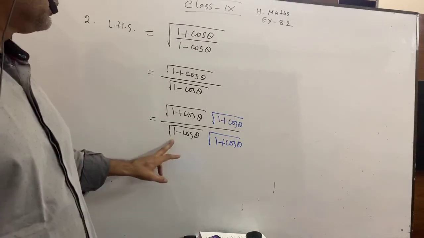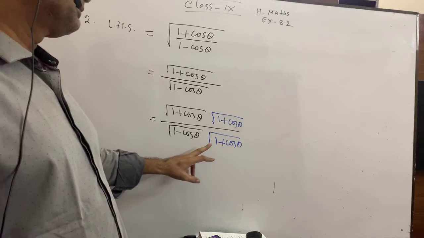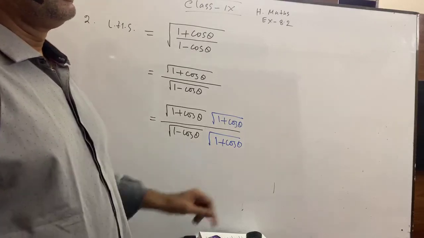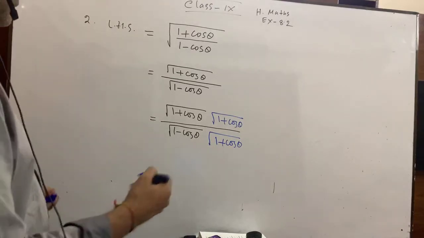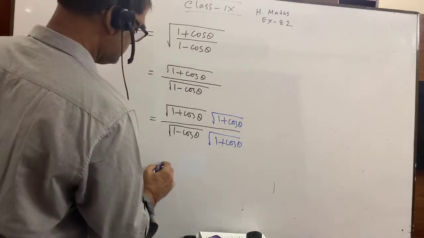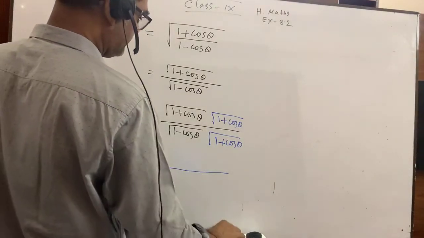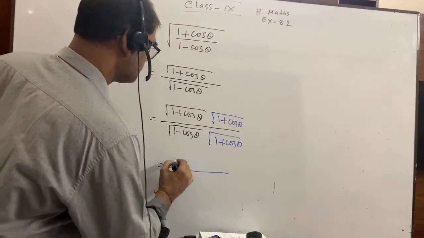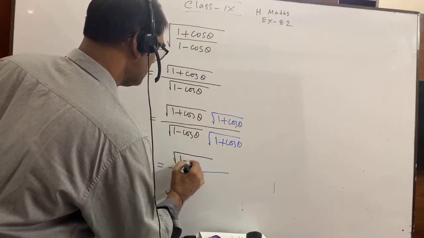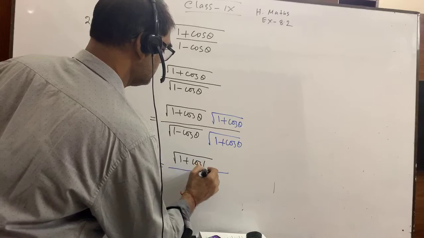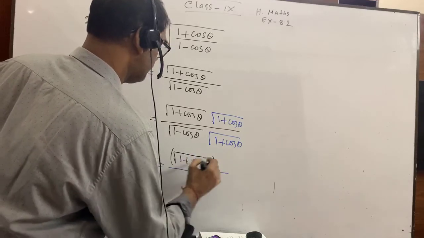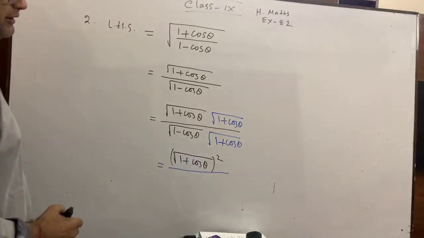As it is a minus b, I have taken a plus b. Then what you are getting in the numerator, it is root over 1 plus cos theta whole square. Okay, is it?